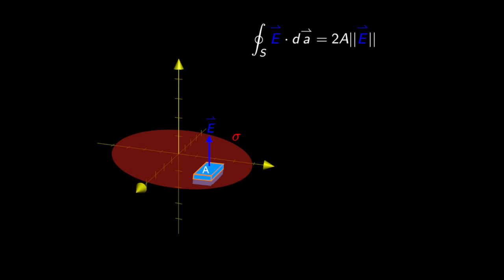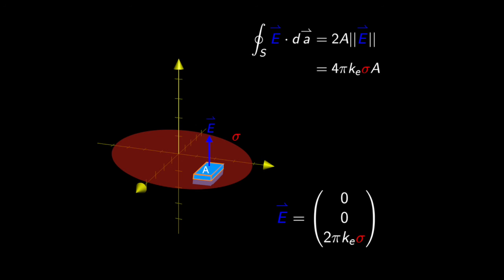Say the area of the top of the box is A. Then, since E points straight up when we're above the plane and straight down when we're below the plane, the integral over the box of E dA is 2 times A times the length of E. On the other hand, Gauss's law says that this integral equals the amount of charge enclosed in the box, times 4 pi ke. Rearranging the terms a little, and remembering that E points along the z-axis, we have our answer.